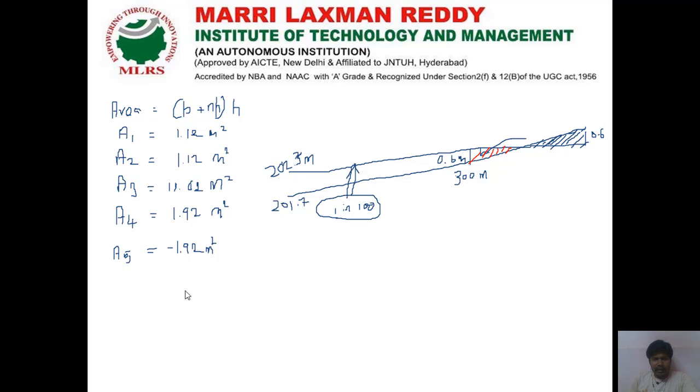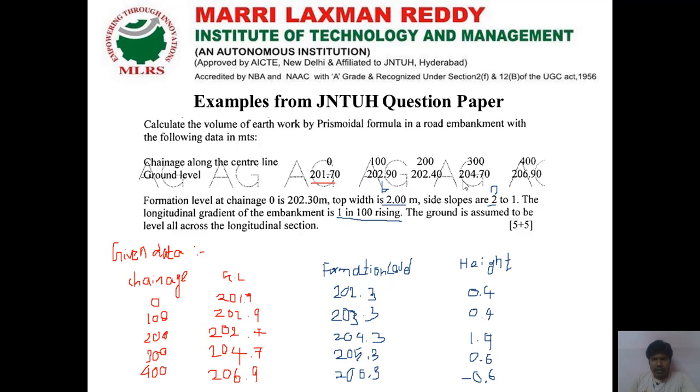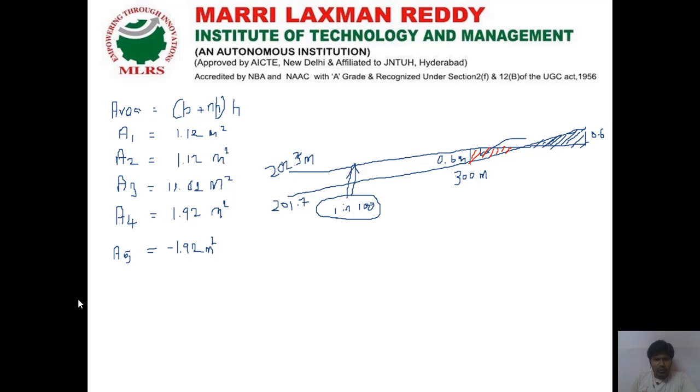So now I am going to calculate the volume of work. Net volume of work I am going to calculate here. The formula is the prismatic rule, I think. Here we have odd numbers of ordinates, so we can use it.